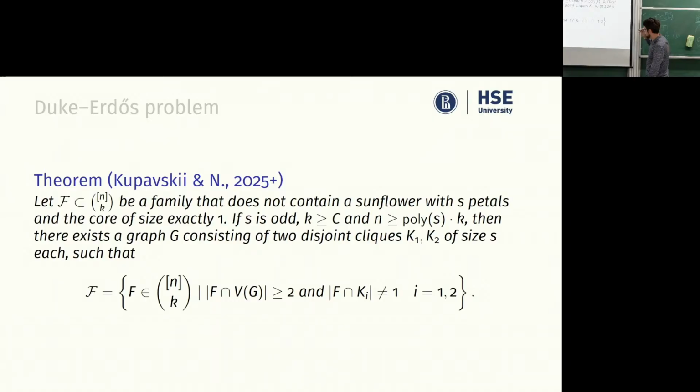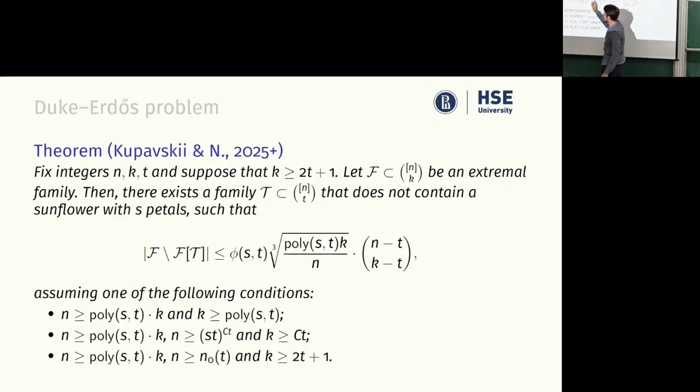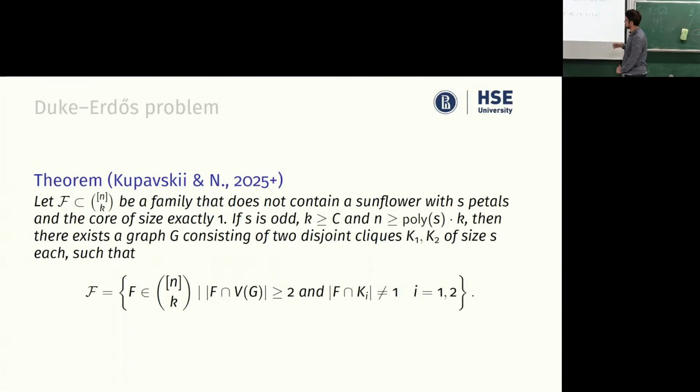But you can move upwards in approximations, not only approximating the first level, but the second level, etc. And for small t, like t equals 2, this hierarchy becomes rigid, and you can obtain the exact result, considering only a few first layers of your problem, not the full low-dimensional problem that determines the extremal family in the Duke-Erdős forbidden intersection problem.